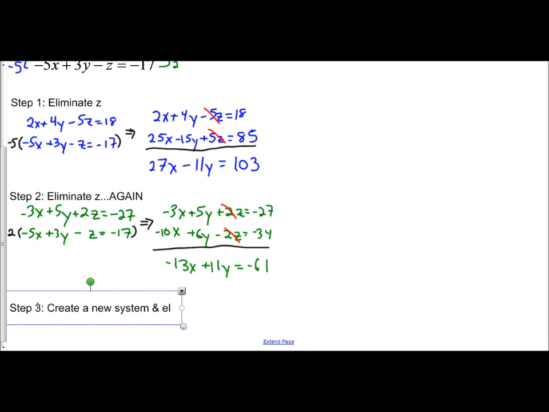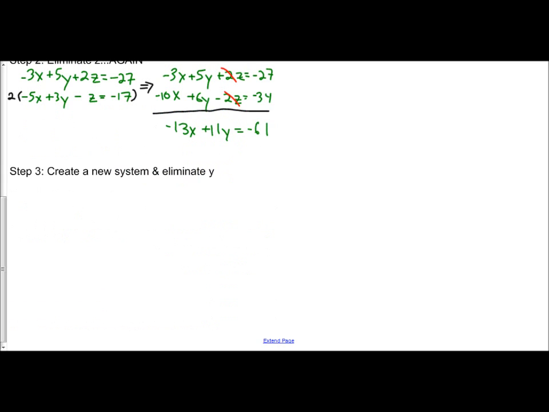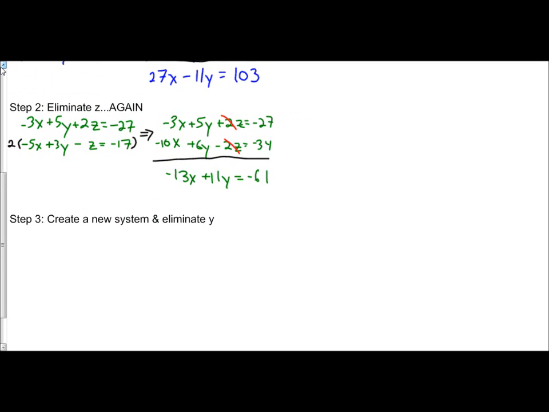And we're going to eliminate the y because they are already opposites. And again, I'm going to color code the equations so we can go back and check all of our steps. So this one should read 27x minus 11y equals 103. The other equation is a negative 13x plus 11y equals negative 61. They're already opposites, so I'm just going to add them as is to eliminate the y.